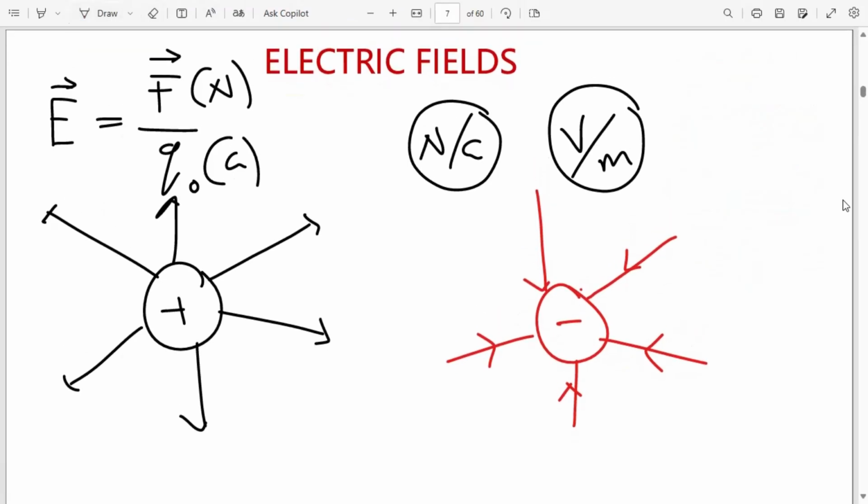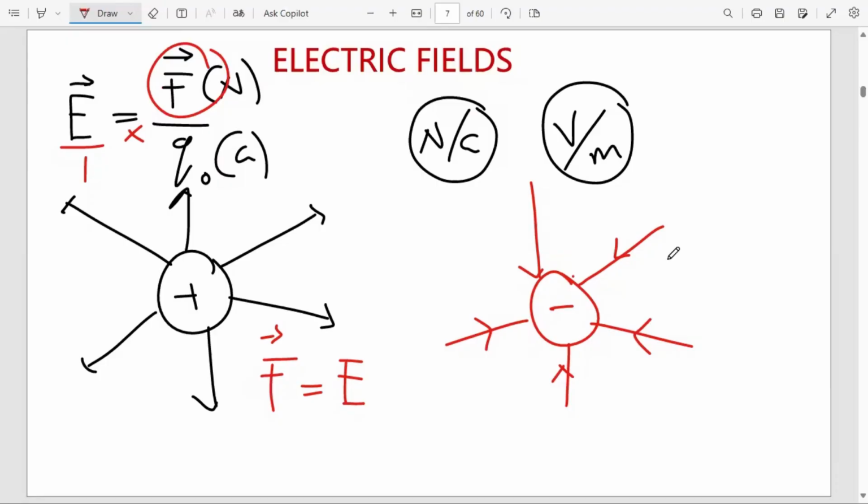I said the electric field is equal to electrostatic force over q, which is a test charge. But from here, I'm sure you can tell that the force on a charge in an electric field, E, can also be calculated. And how can you calculate that force?